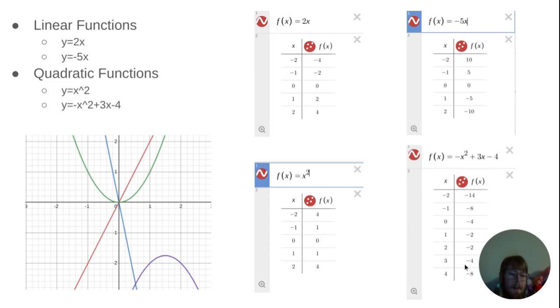This gave us y values of negative 4 and negative 8 in addition to the rest of these, and that helped me better graph the rest. This is a good reminder that even if certain x values work for other equations, we might have to add other x values or choose different x values altogether to get a better picture of different equations.